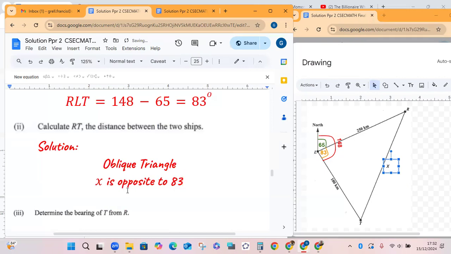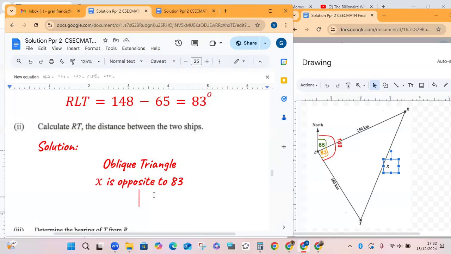We are not sure yet if it's sine or cosine, because both have the word opposite in them. If we mention another opposite, then we know it's the sine rule. If we mention the word between, then we know it's the cosine rule. So I repeat, if we mention another opposite, we use the sine rule, because for the sine rule you must mention opposite twice. But if we mention between, then it's the cosine rule.